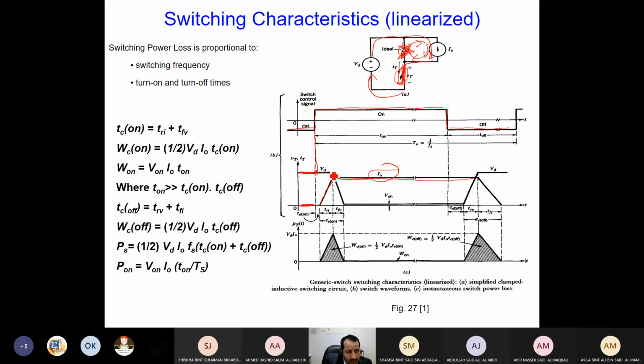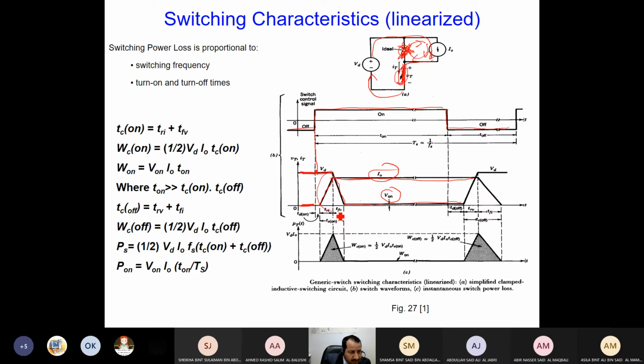While the voltage is still high until the current reaches the highest value, then the voltage will go down until it reaches a small voltage, which is called V on or the voltage drop. Voltage drop of 0.7 volt, around this value, and it will continue because now we are in the on state.